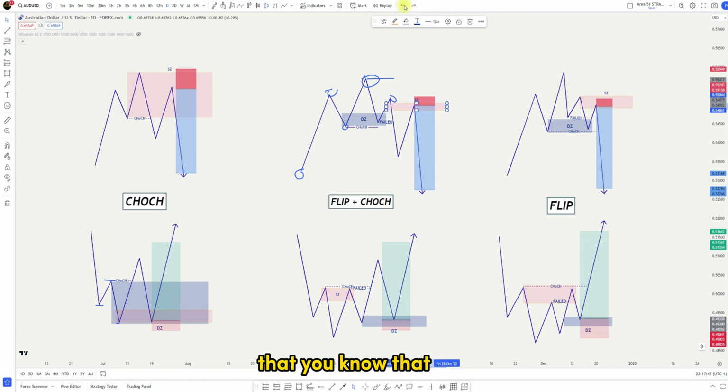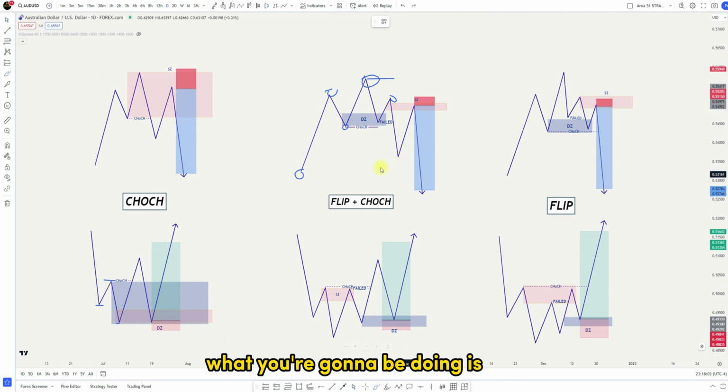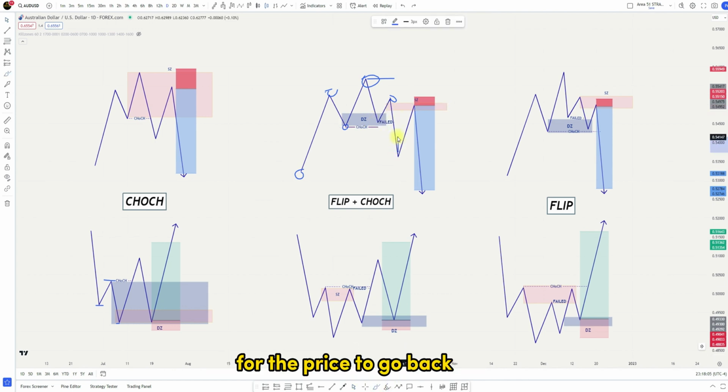All right, now that you know that, now that you've marked your supply zone, with price going all the way down, you wait for the price to come back to the area of supply that created the change of character, that also took out the reaction here. You're going to be waiting for the price to go back on the lower time frame to create a higher high, higher low.